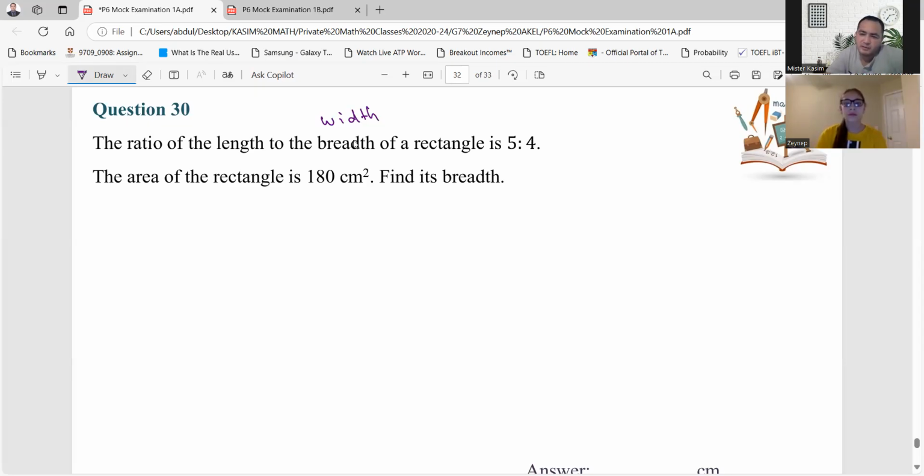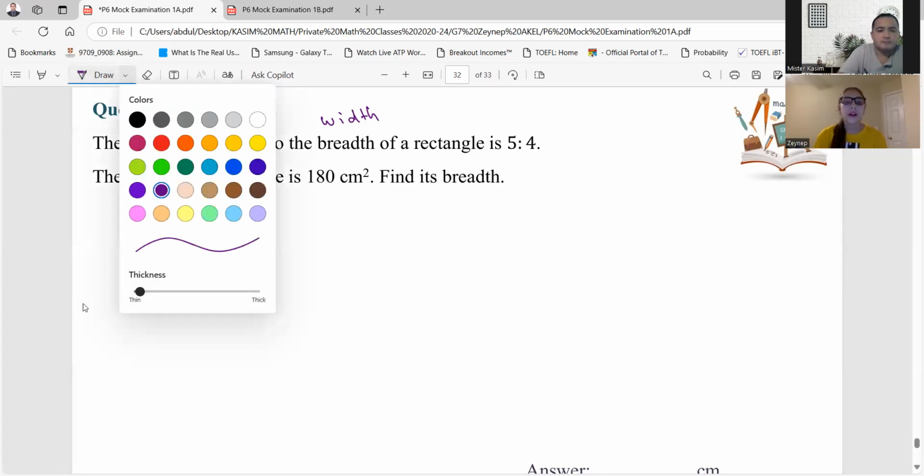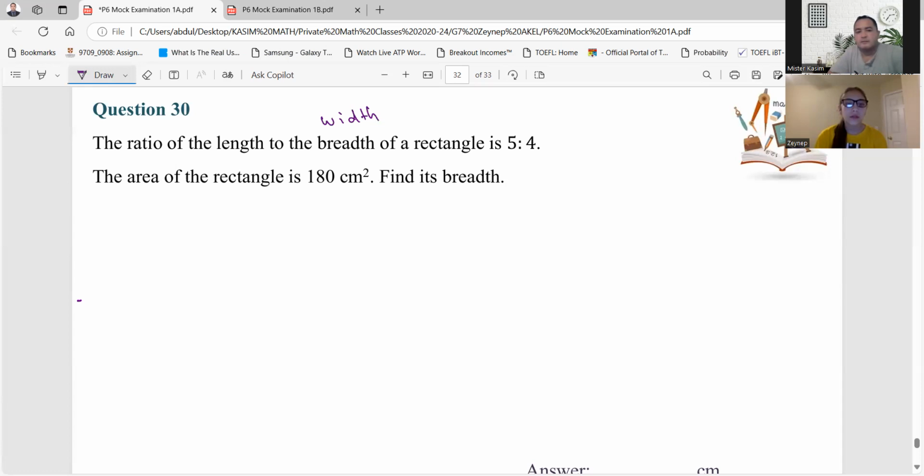Maybe in British English it is breadth, right? Or Australian English, Singapore English, the breadth or width. Actually, they are used interchangeably. The ratio of the length to the width of a rectangle is 5:4. The area of the rectangle is 180 centimeters squared. Find its width. Find the breadth, that means find the width.